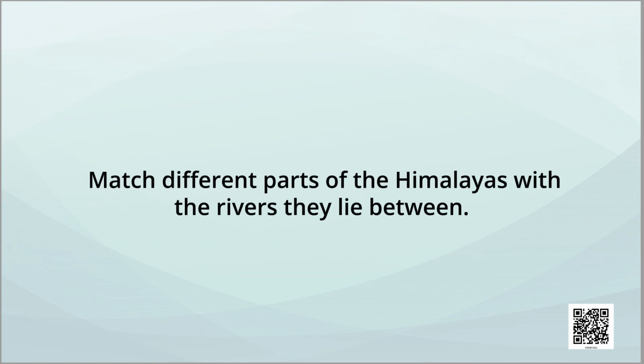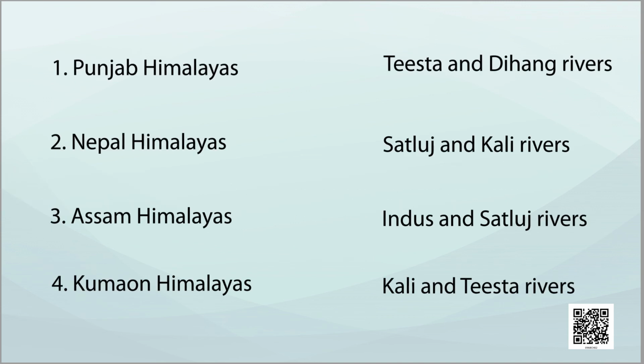Now let's move further and match different parts of the Himalayas with the rivers they lie between. First we have Punjab Himalayas. Where do they lie? They lie between Indus and Satluj rivers. Next we have Nepal Himalayas.